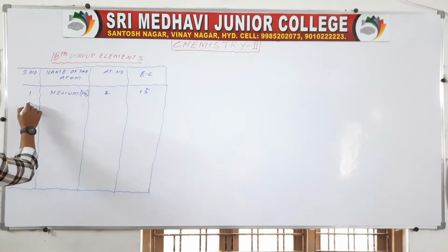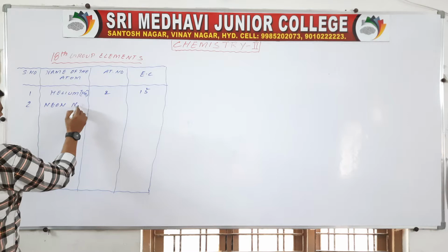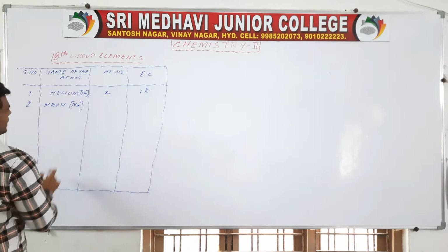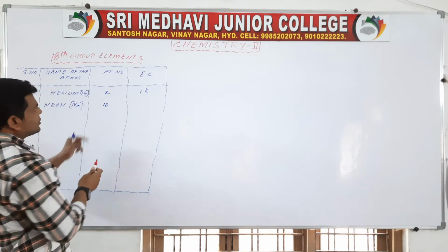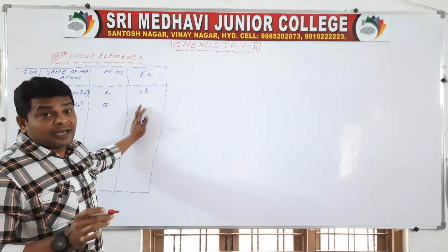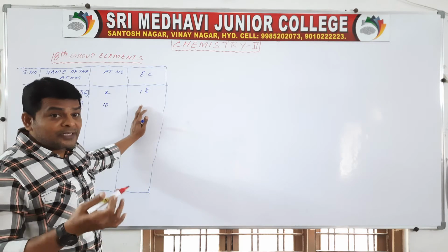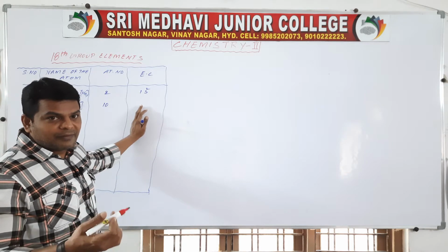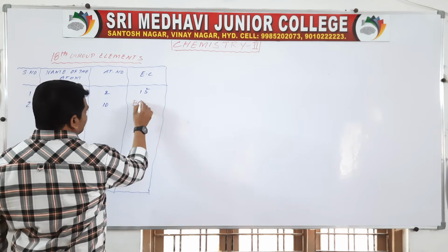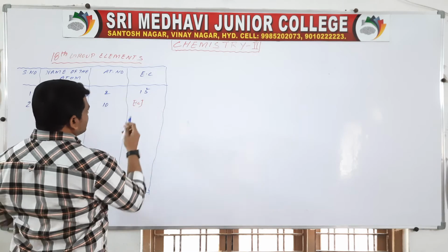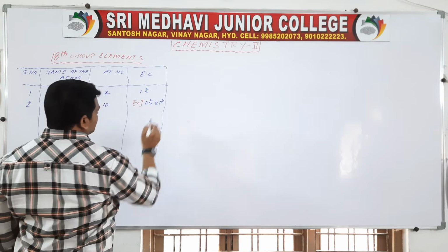Okay. Second one is neon, symbol Ne, atomic number 10. I am writing condensed electronic configuration using inert gases. In the place of 1s2, I am taking helium, then 2s2 2p6.